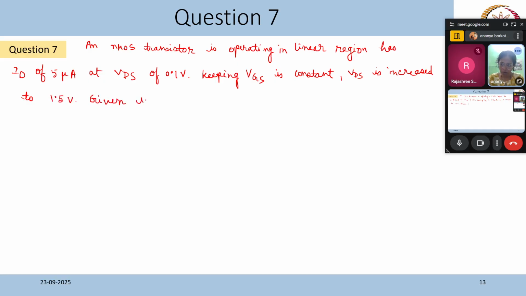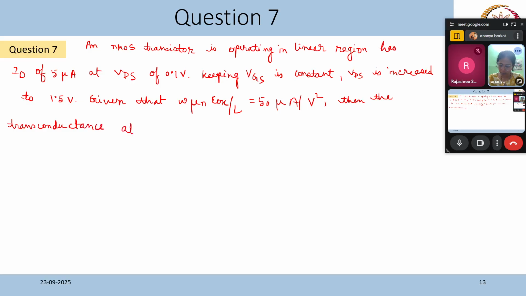Given that W mu n Cox by L is 50 microampere per volt square, then the transconductance at the new operating point, we have to calculate in terms of microampere per volt.